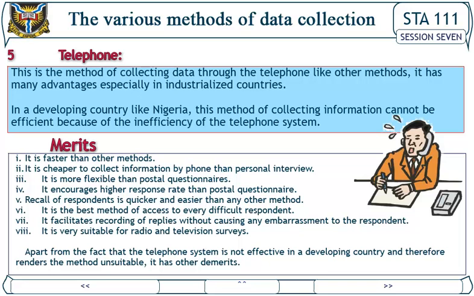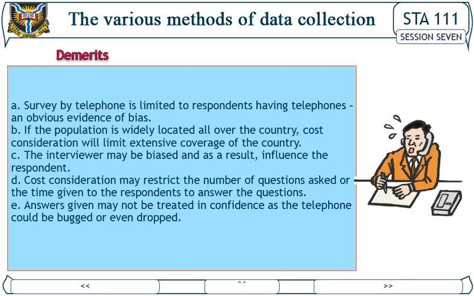Apart from the fact that the telephone system is not effective in a developing country and therefore renders the method unsuitable, it has other demerits. A. Survey by telephone is limited to respondents having telephones, with obvious evidence of bias. B. If the population is widely located all over the country, cost considerations will limit extensive coverage of the country.